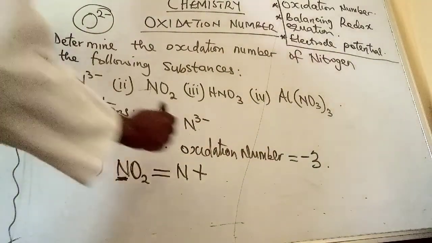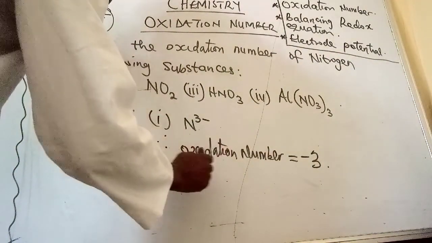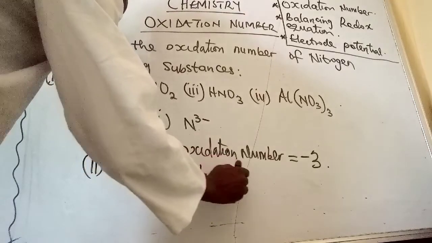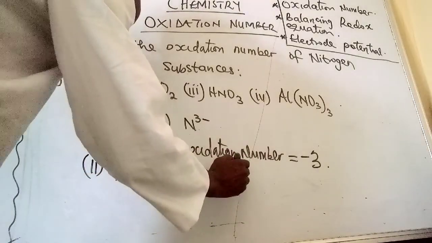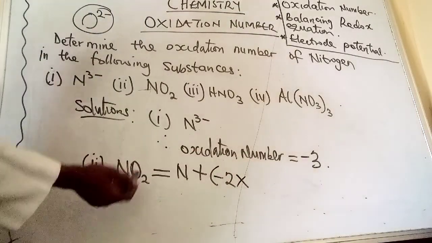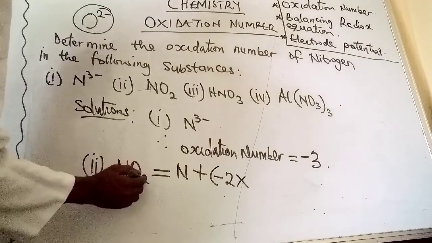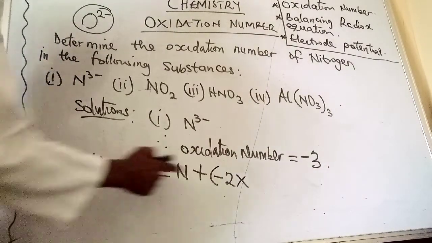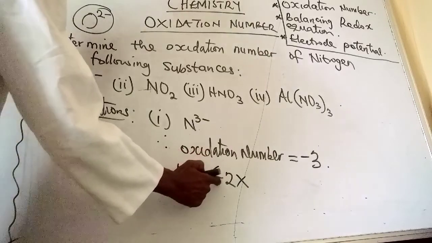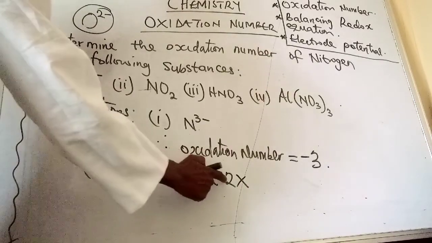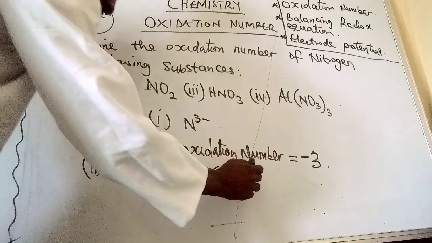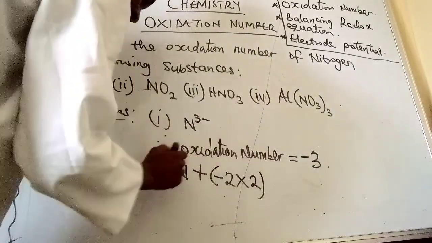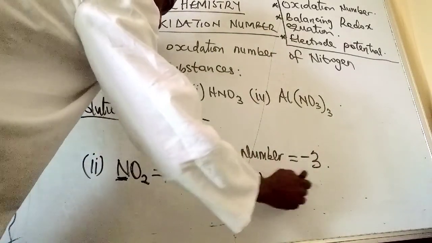Now, open bracket, -2 times 2, because we are having 2 atoms of oxygen, so we multiply the oxidation number of oxygen, which is -2, by these 2. Then everything equals to 0.